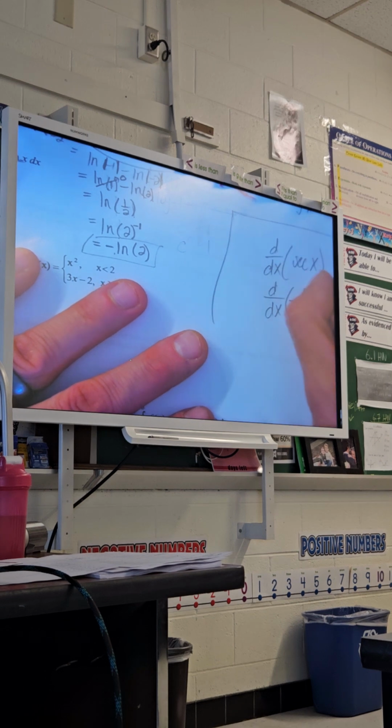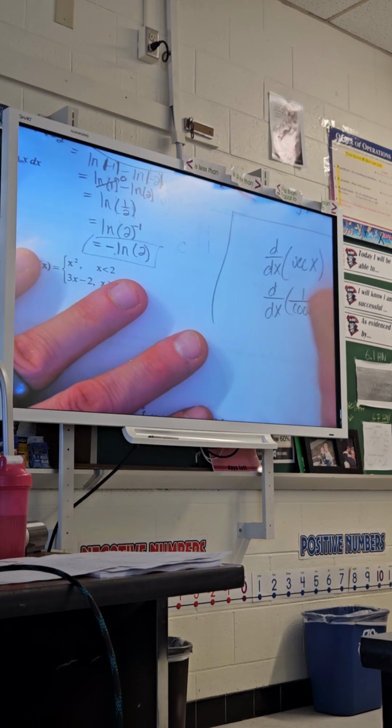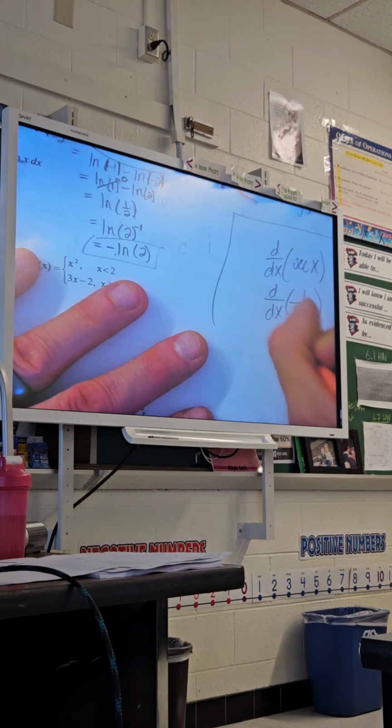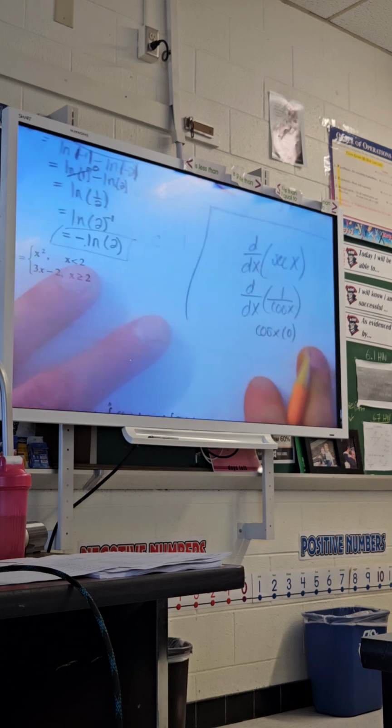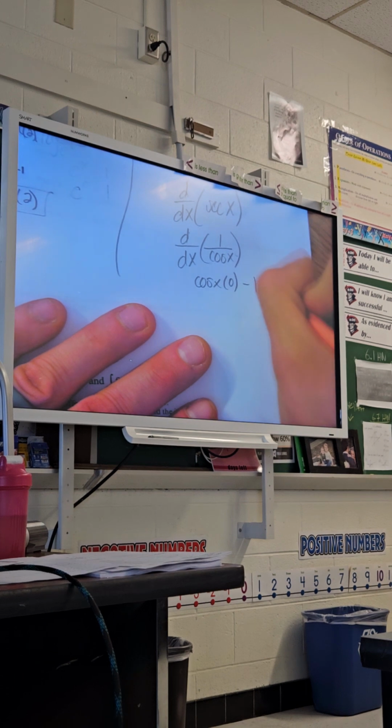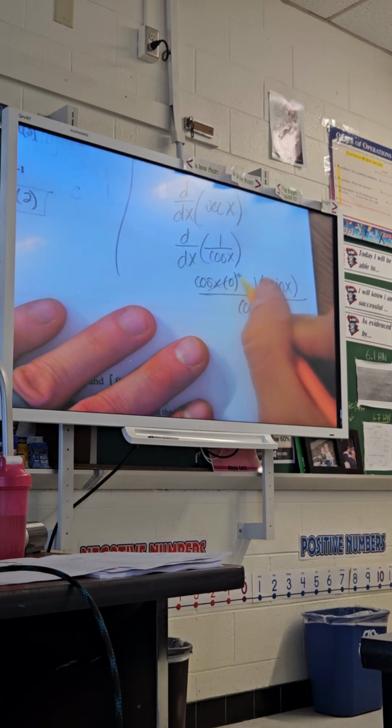over cosine x, and you'd have to do the quotient rule, which you would do the bottom times the derivative of the top minus the top times the derivative of the bottom, all divided by the bottom squared. This is just 0.